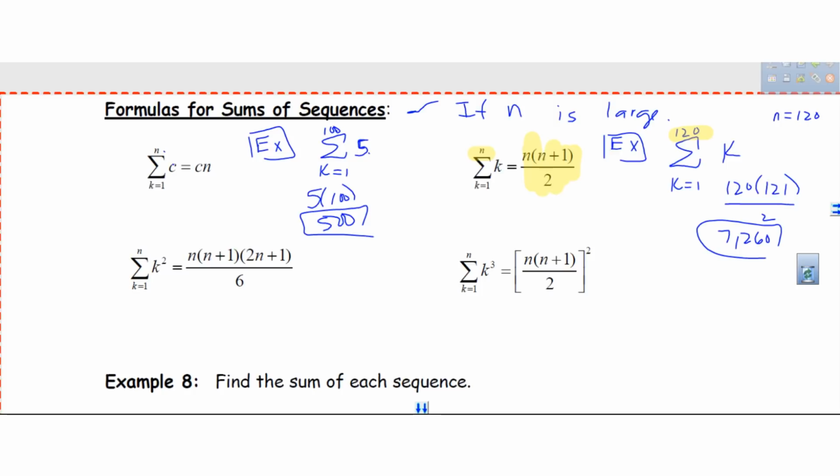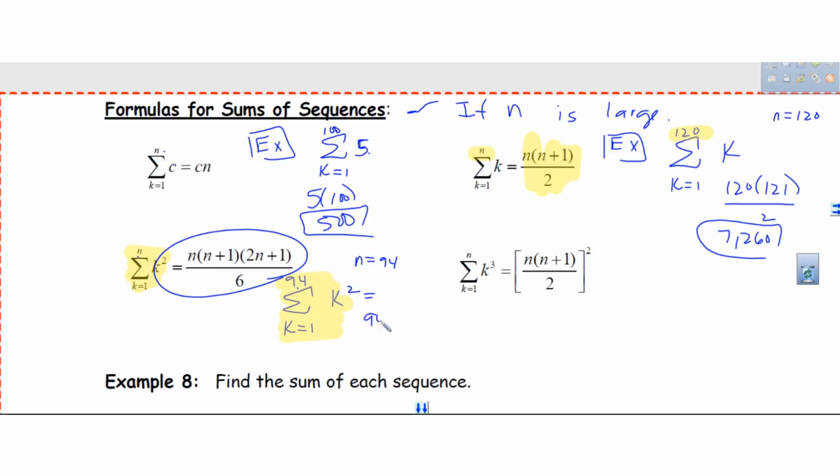Okay? This one right here. An example would be the summation of k equals 1 to k equals 94 of k squared. Well, it matches up perfectly. Look, k squared, and I know that my value of n is 94. So all I'm going to do is put it into that formula.